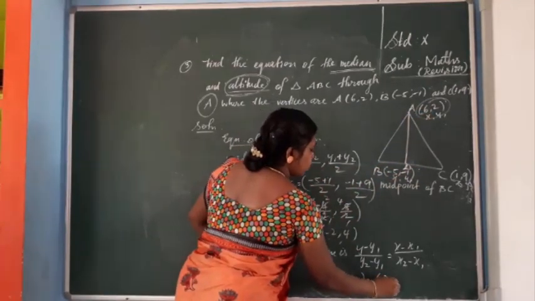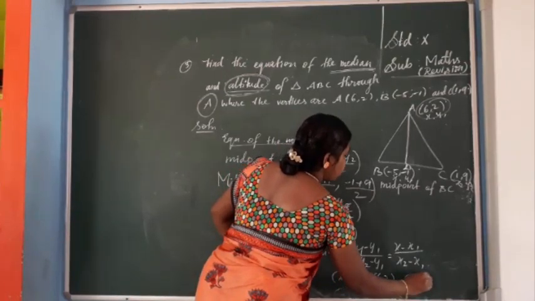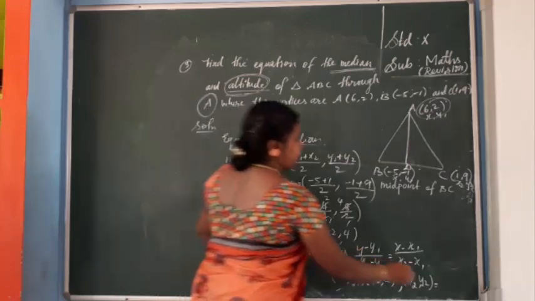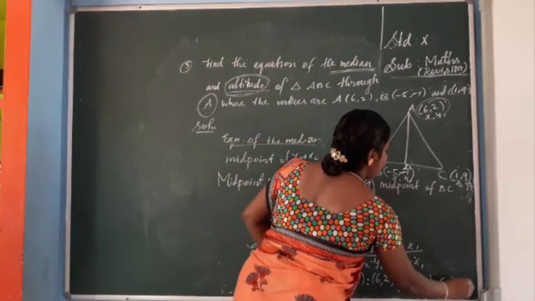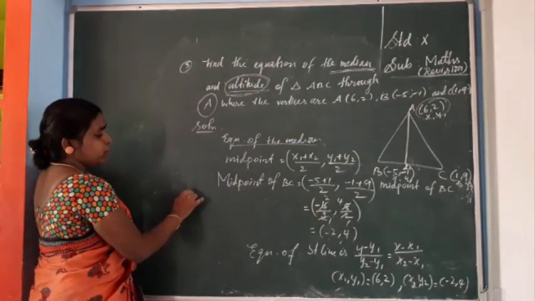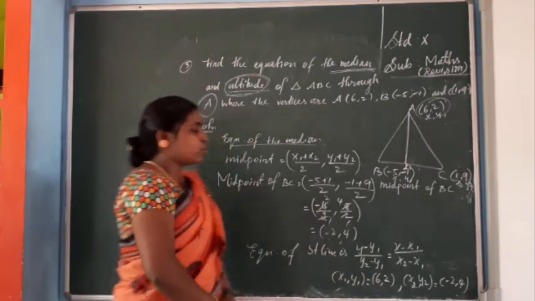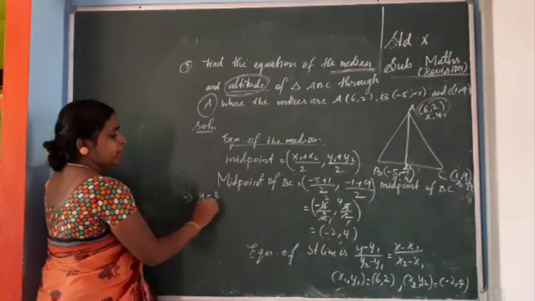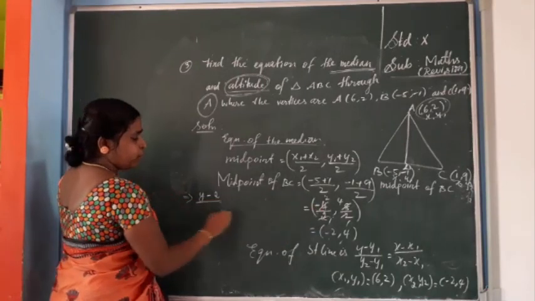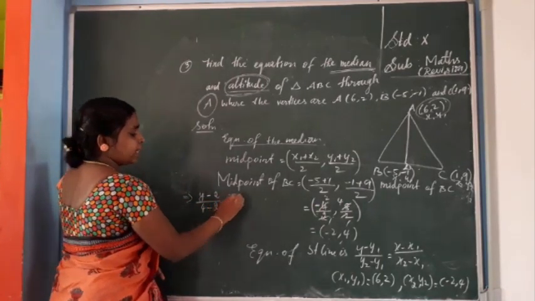Next x2 comma y2 equal to the second point. We got now one midpoint, that is the second point, minus 2 comma 4. Now you substitute. So y minus y1, the y1 value is 2, so y minus 2 by y2 minus y1. y2 is, you see, the second value 4, so 4 minus 2, equal to x minus x1.